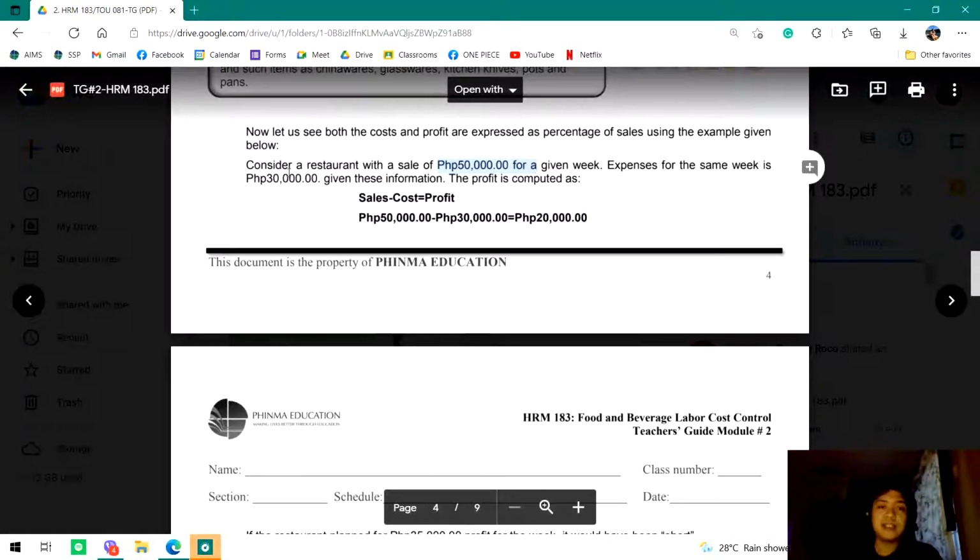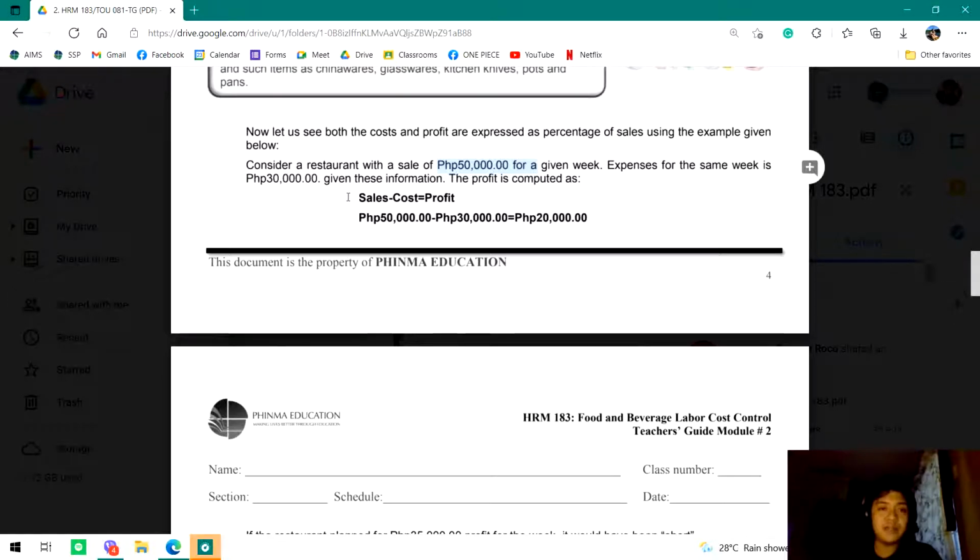Expenses for the same week is 30,000 pesos. So given this information, the profit is computed as, ito yung ating formula dun sa simula, no? Sales minus cost equals profit. So sales mo is 50,000 pesos minus your 30,000 pesos cost. So 20,000 ang iyong profit.